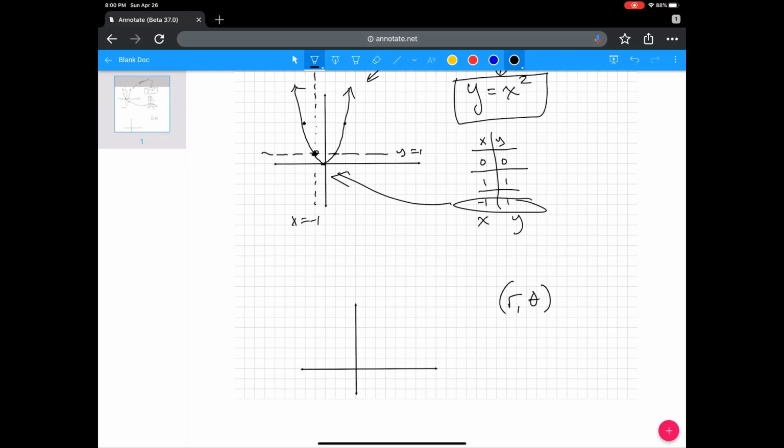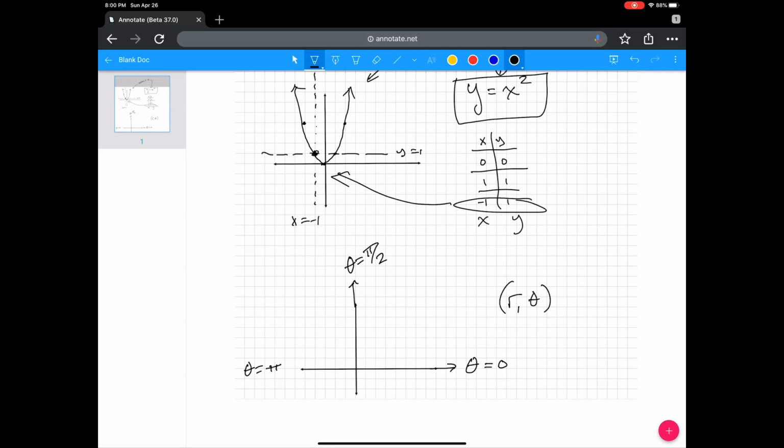And so I want to be able to find that. So I know, for example, that here this is where theta is equal to 0. And I know up here this is where theta is equal to pi over 2, just because of our work with trig. And over here we have pi, theta is equal to pi.